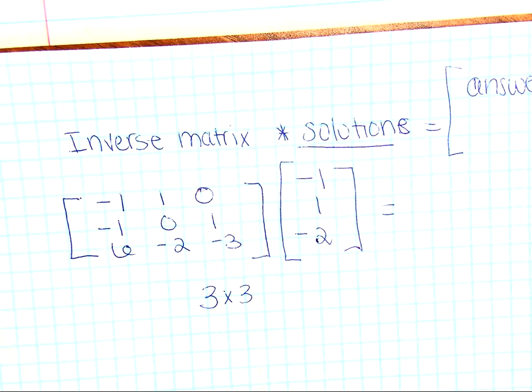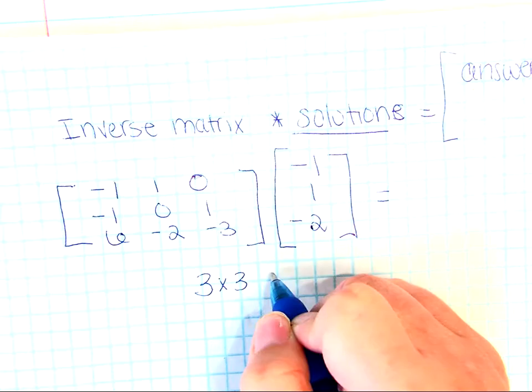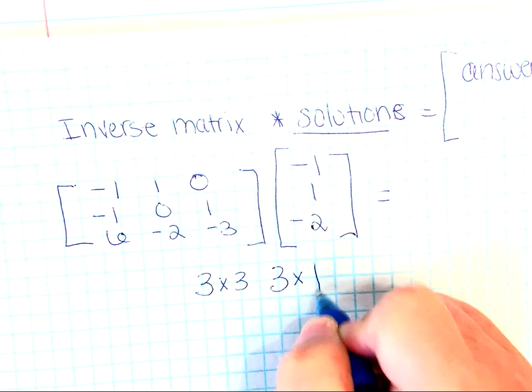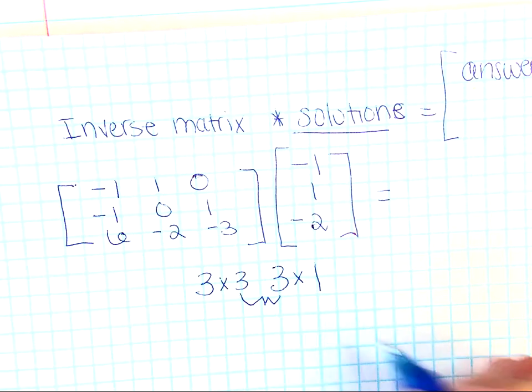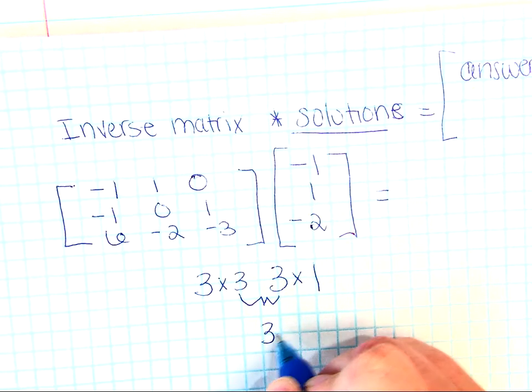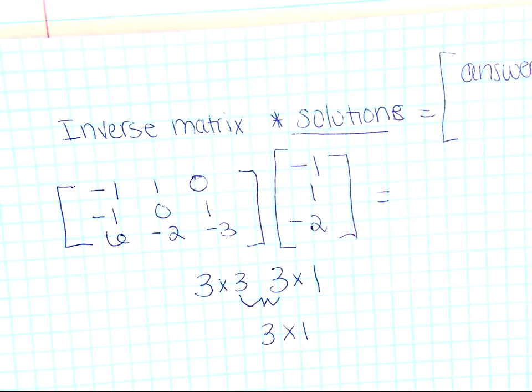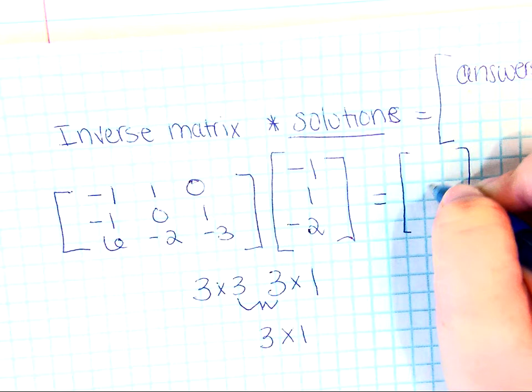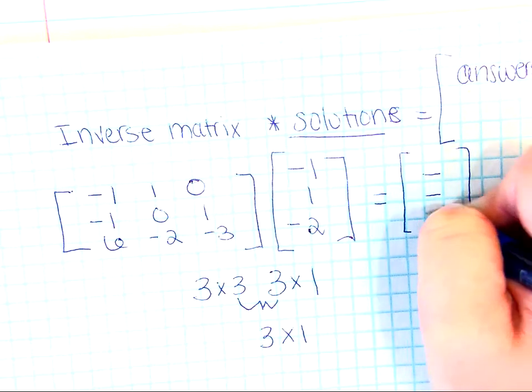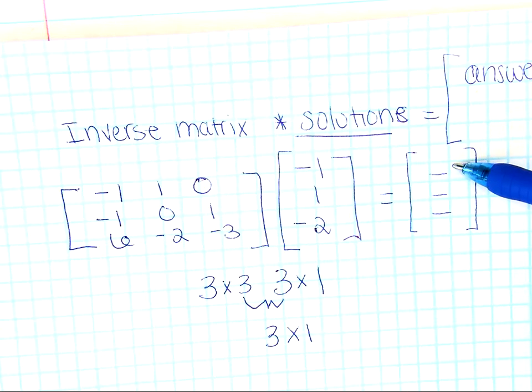This is a 3 by 1. These numbers match, what they have to if you're multiplying, and the 3 and the 1 tell me my new matrix is going to be a 3 by 1. Okay, so that means I'm going to get 3 numbers in one column. And this first number will represent my X solution, Y solution, Z solution.